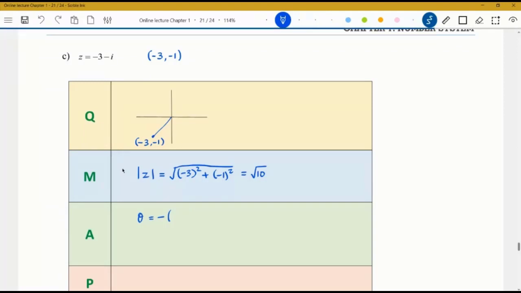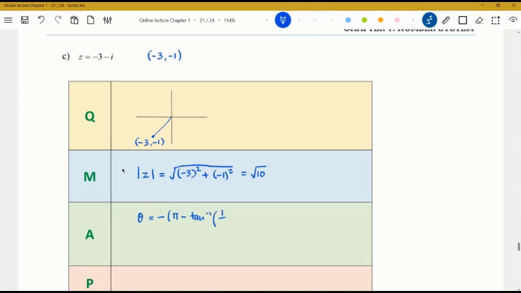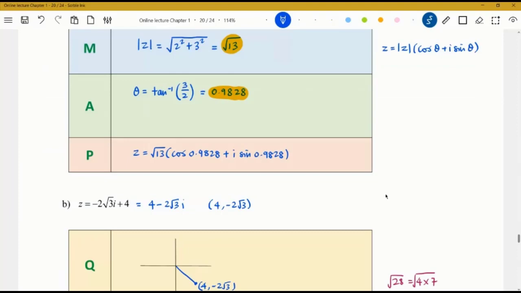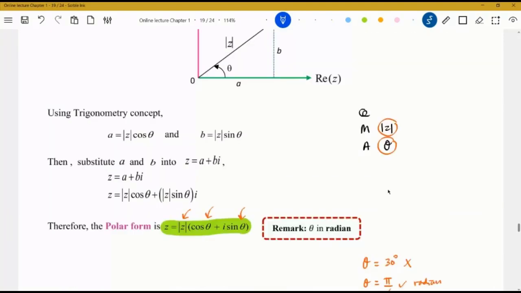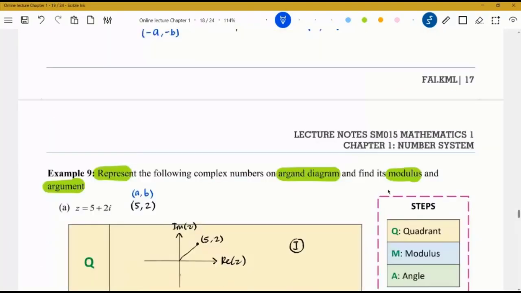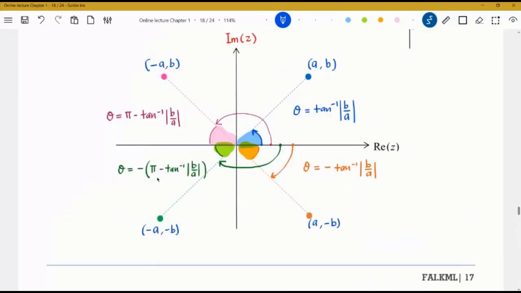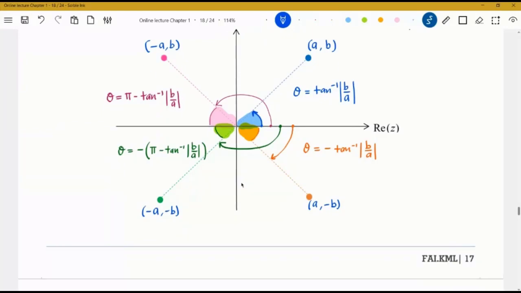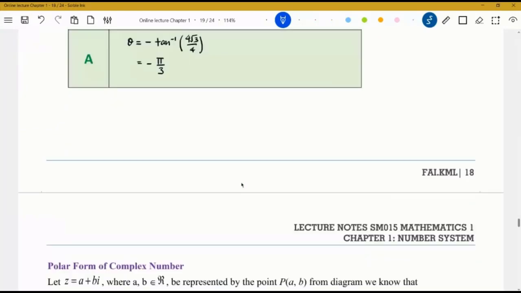But then dia ada correction, sepatutnya dia adalah pi. Dia bukan theta, ini adalah pi. Pi minus inverse tangent B over A. B over A kita adalah 1 over 3. Okay, so hati-hati dekat sini, ini sepatutnya adalah pi. Okay, so dekat sini macam tadi saya tulis formula, saya check balik takut saya yang salah tulis formula. Pi minus inverse tangent B over A. Dia bukan theta, dia adalah pi. Okay, so kita tengok balik yang tadi.